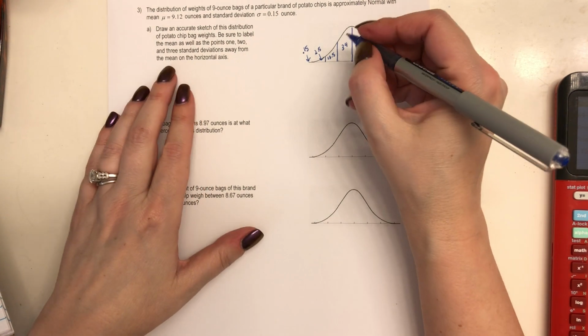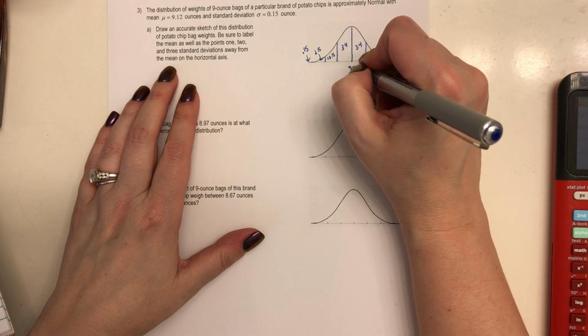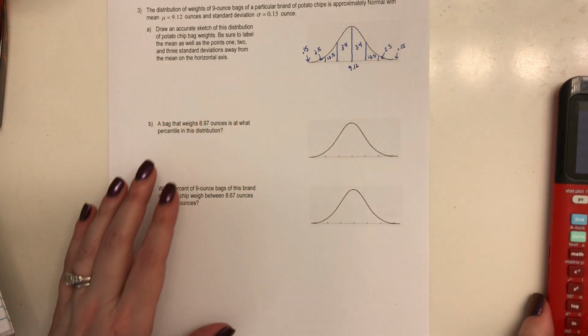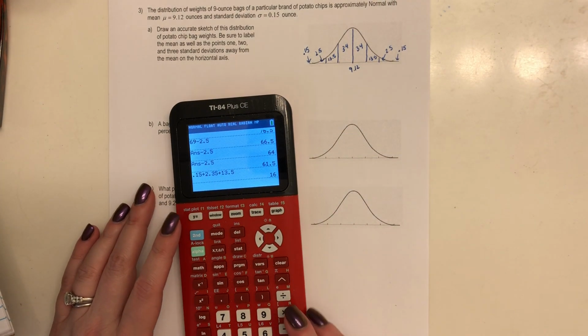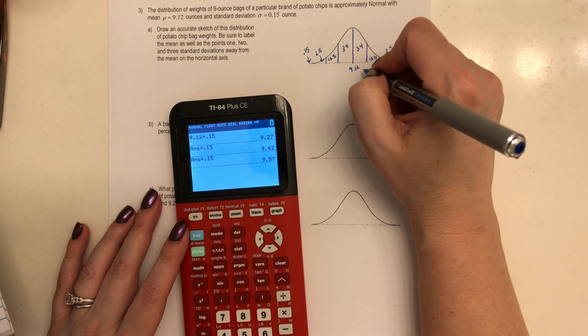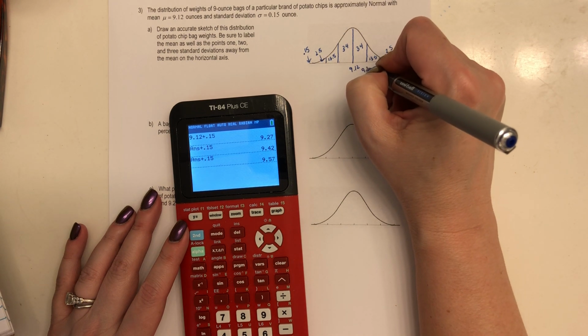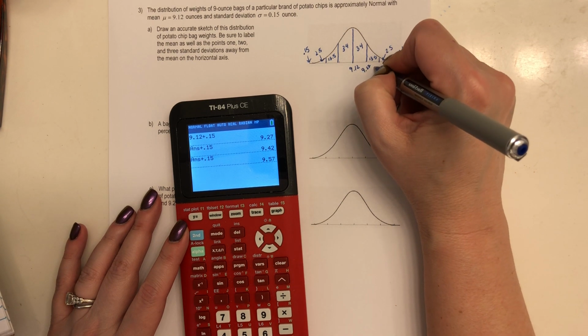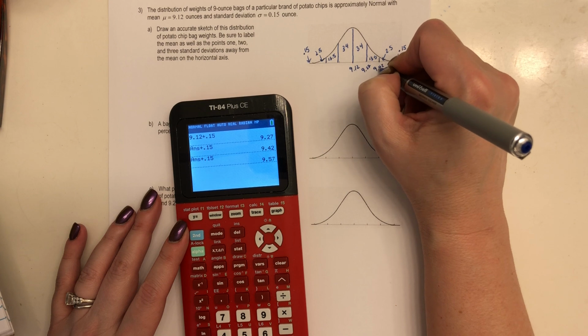Now let's put on our potato chip information. 9.12 is the number that goes there. Now I need the other numbers. So I'm gonna say 9.12 plus 0.15 plus 0.15 plus 0.15. So let's see, this spot will be 9.27. That's 9.42.